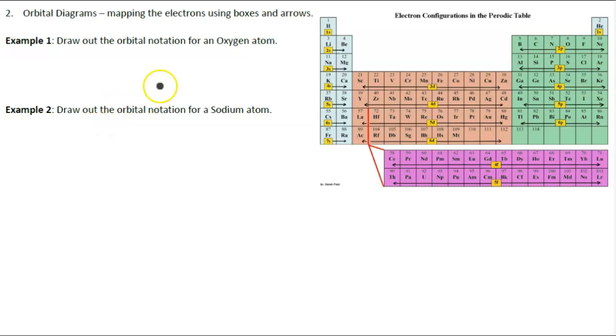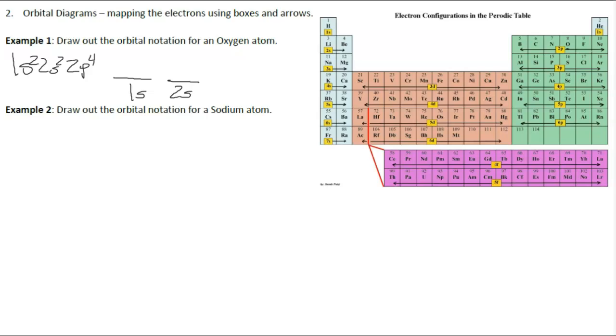All right, the first one you have is for oxygen, who is right here. His electron configuration is 1s2, 2s2, 2p4. So just like for carbon, I'm going to draw one orbital for the 1s and a single orbital for the 2s.